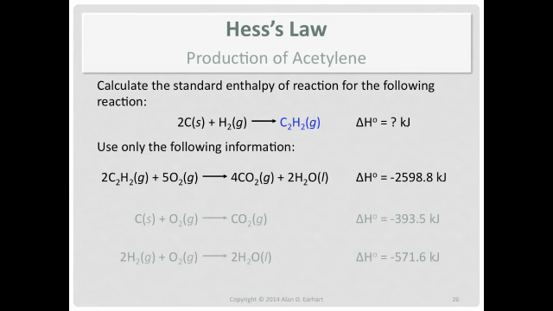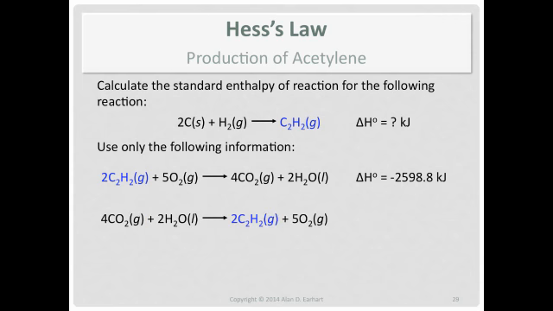Now there's only one thing remaining, and that's the acetylene gas. So luckily, the only equation I have left has acetylene in it. So let's work with that. Now, I want acetylene as a product, but that's a reactant. So I'm going to reverse the reaction. Now I have acetylene as a product. Good. But I only want 1 mole of acetylene as a product. So I take that reaction and multiply all the coefficients by 1/2.